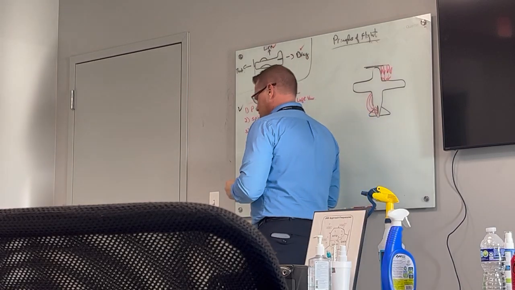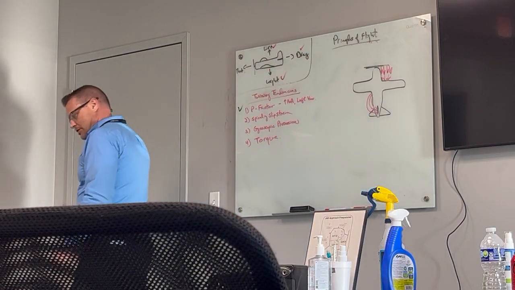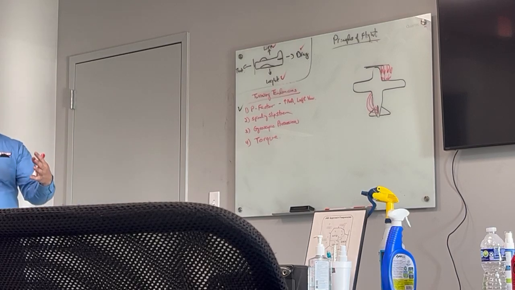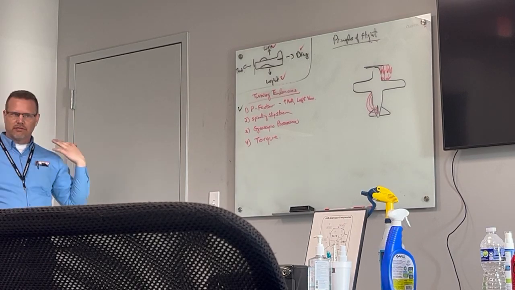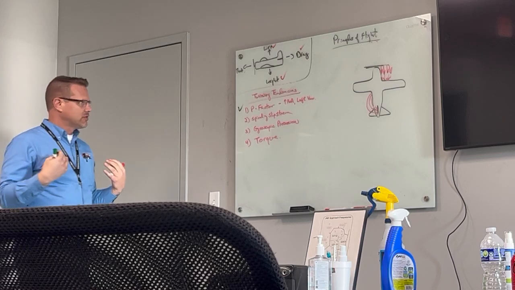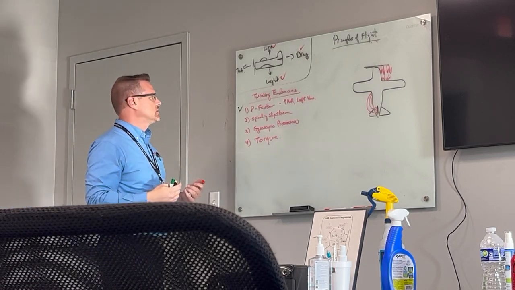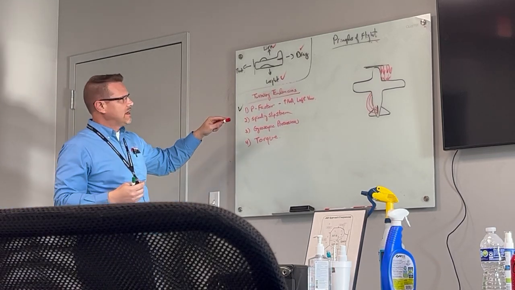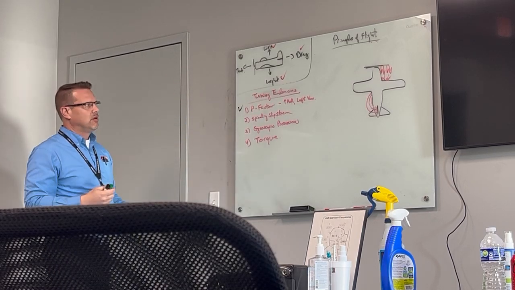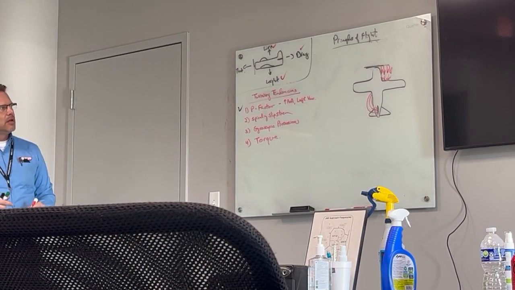So spiraling slipstream talks about the accelerated slipstream off of our propeller, right? There's additional airflow from that fan, or from this propeller, thrusting us forward and pushing that air behind us. And that accelerated slipstream also creates a spiraling slipstream around our aircraft.